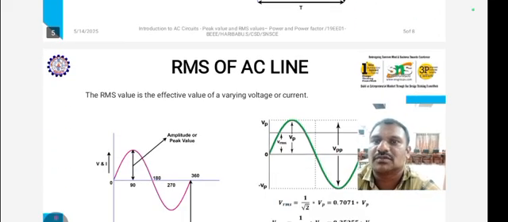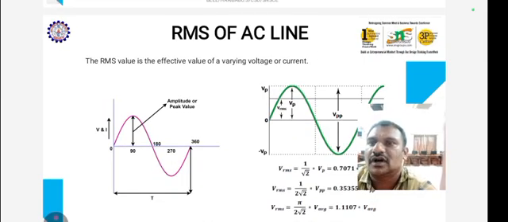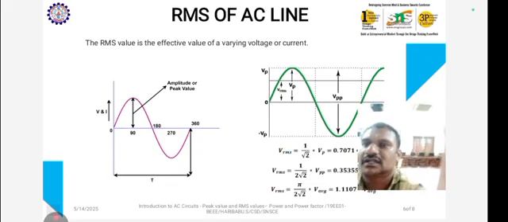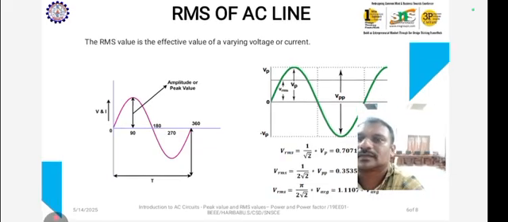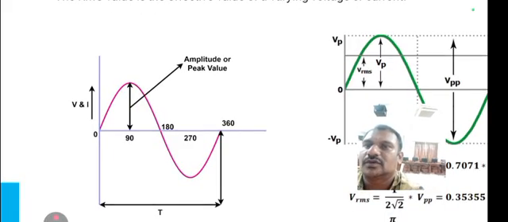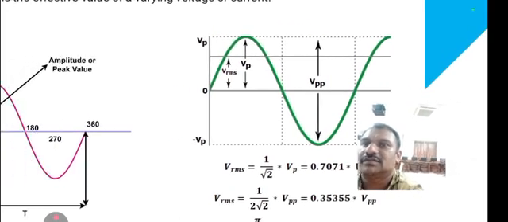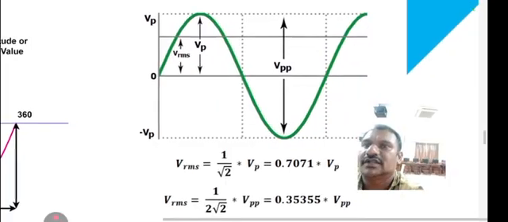Okay, RMS of AC line. RMS value is the effective value of varying voltage and current. See the diagram here. Amplitude or peak value is mentioned, and we mentioned VP, VPP, and VRMS also.